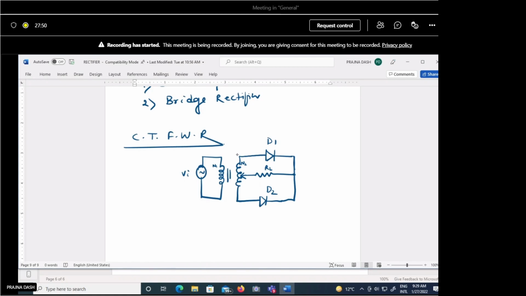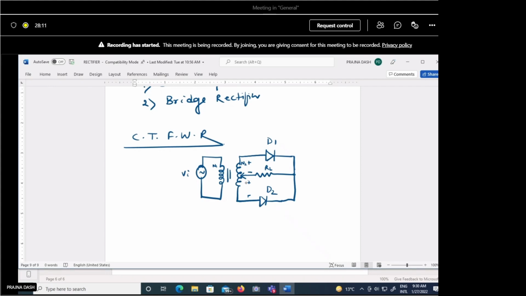Once you center tap this secondary winding, what will happen? In this case, we get one voltage from this point to this point, and another voltage from this point to this point. So two Vi we are getting here.